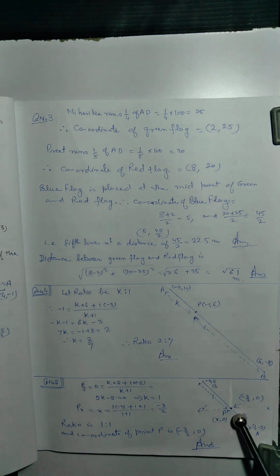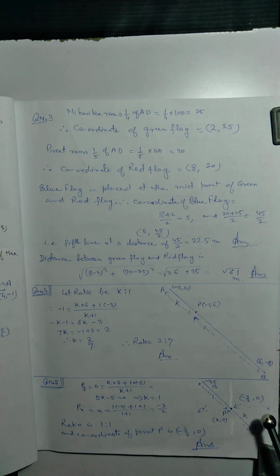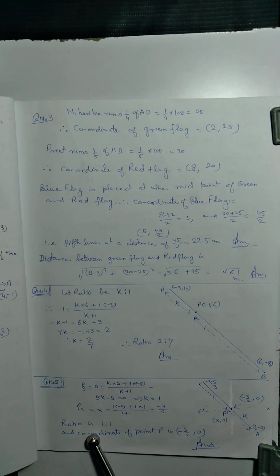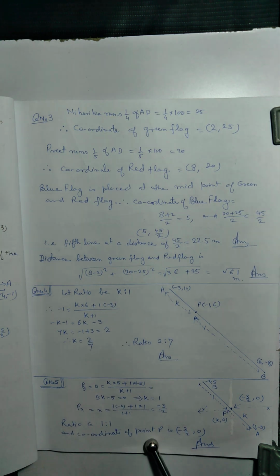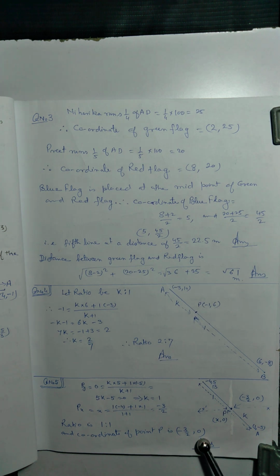So the coordinate of the point P, which lies on the x-axis, will be (minus 3 by 2, 0). The ratio is k:1 and the coordinate of the point P is (minus 3 by 2, 0).